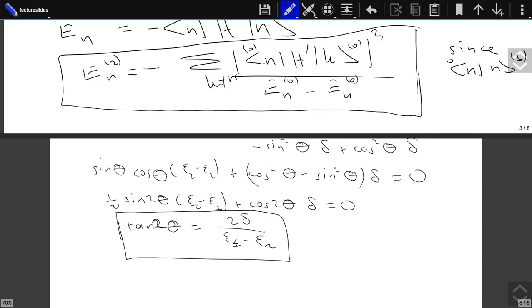Well, let's just make the assumption that theta is small, that delta is much less than epsilon 1 minus epsilon 2. Then tangent 2 theta is approximately 2 theta. So that tells me that theta is equal to delta over epsilon 1 minus epsilon 2.